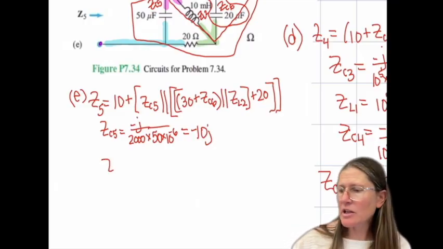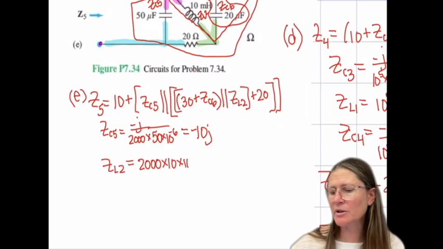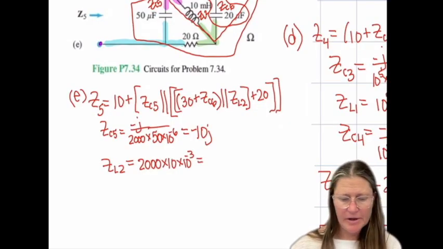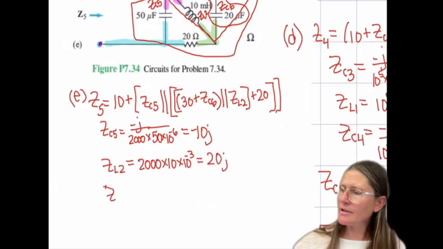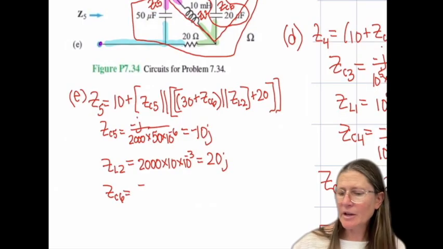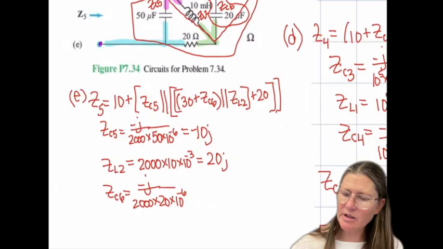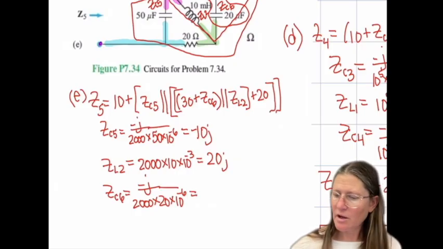And then ZL2 is 2,000 times 10 times 10 to the minus 3 for milli, and that's 20J. And ZC6 is minus J over 2,000 times 20 times micro, which is 10 to the minus 6, which is minus 25J.